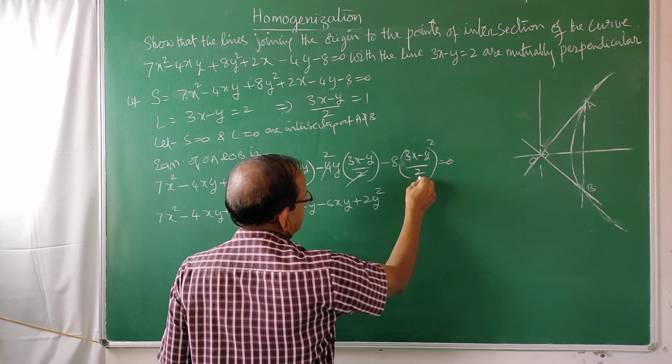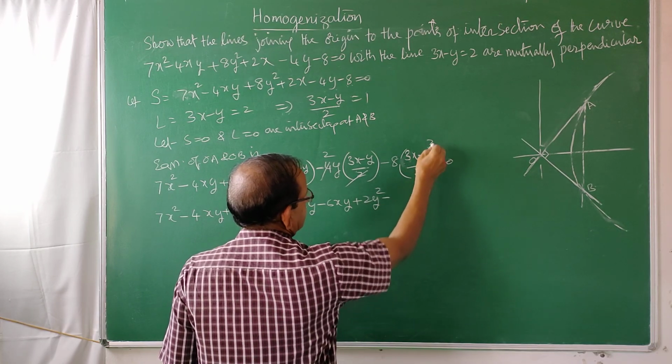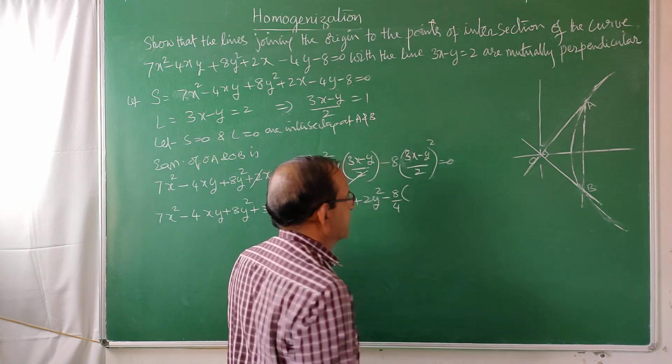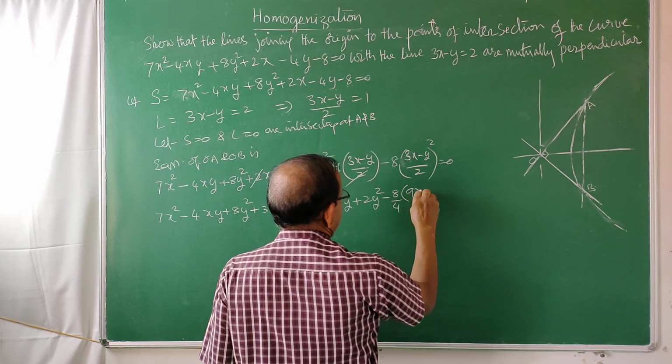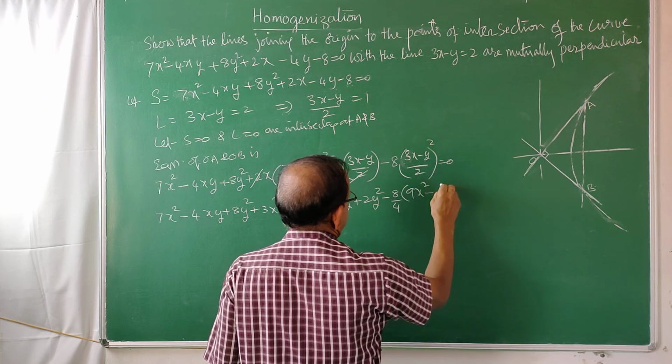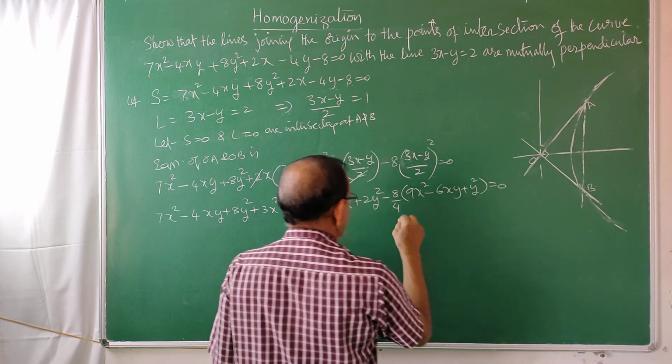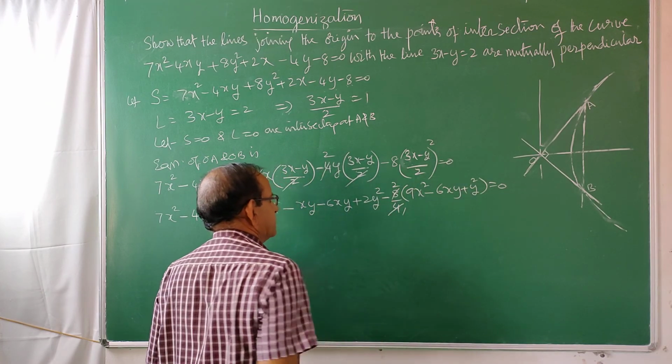Here this will become 4 because the square is there. 8 by 4 into, expand this one, (3x minus y) whole square, that is 9x square minus 6xy plus y square, equal to 0. Now you cancel this by 2 times.